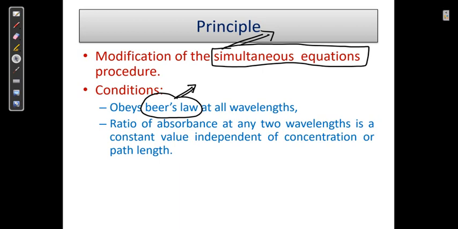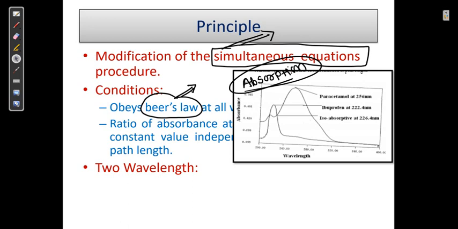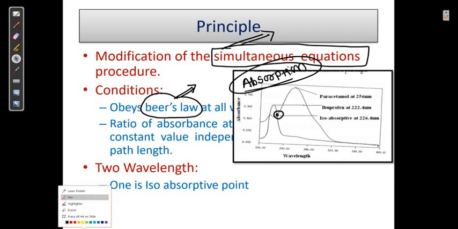The name of this method is the absorption ratio method. So what do we have to take? We need to take one wavelength at which both drugs have the same absorbance irrespective of concentration.